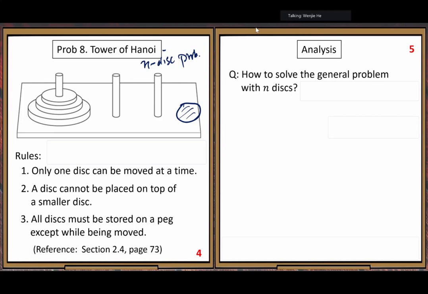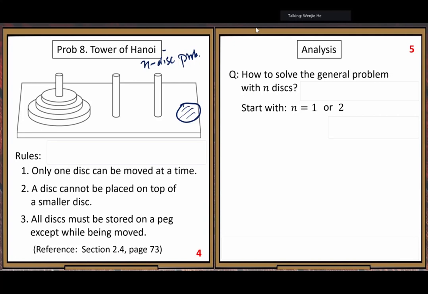Now if we reduce the data size to a very small number, then it becomes very easy to solve. So when we start, let's work on n equals 1 or 2. That's trivial, right? One disk, you just move it, one move. You place it on the destination peg, then you're done, right?